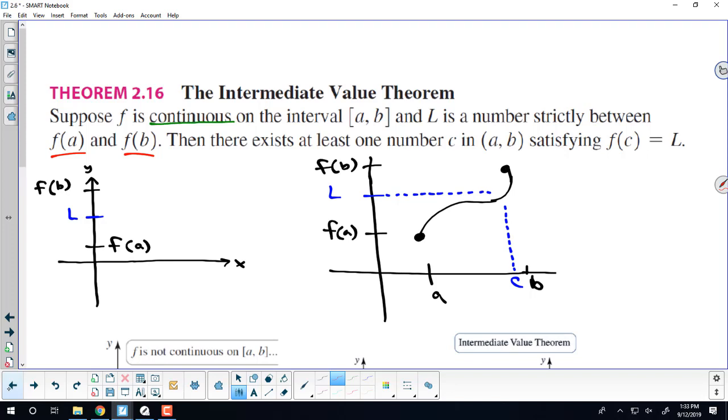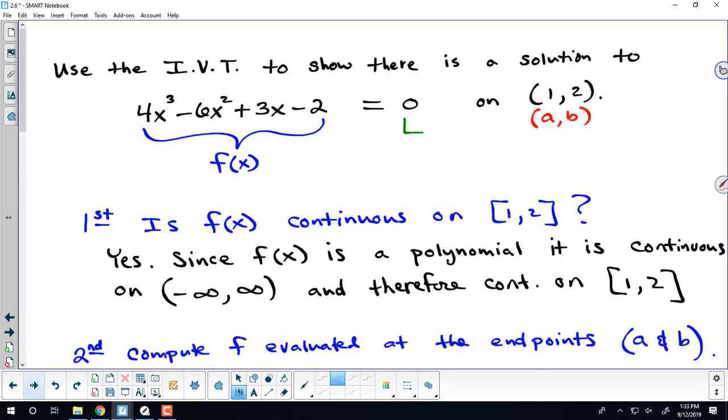If you can picture the graph, then just write down the domain of the function. The function's domain is blah, blah, blah. Therefore, it's continuous on that domain. Does that make sense? I know usually the domain is sort of fuzzy on certain types of functions, so that's why, again, you need to know the domain.